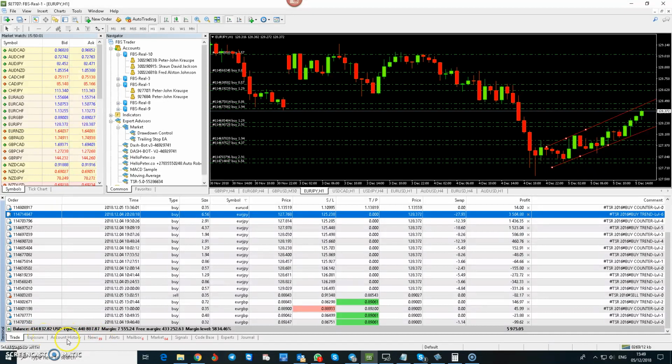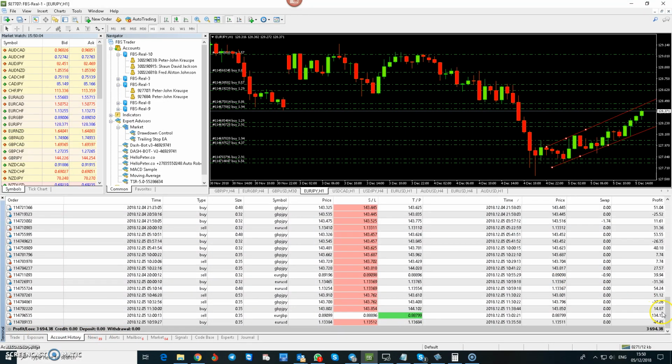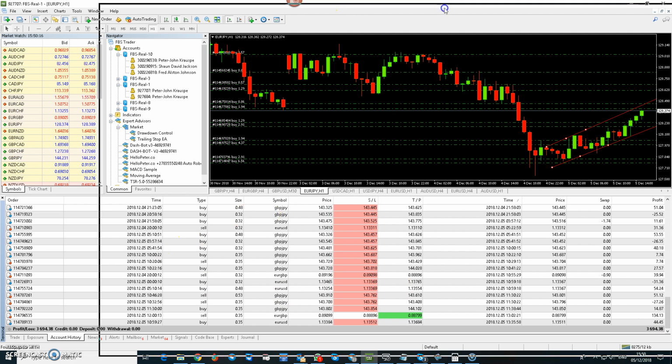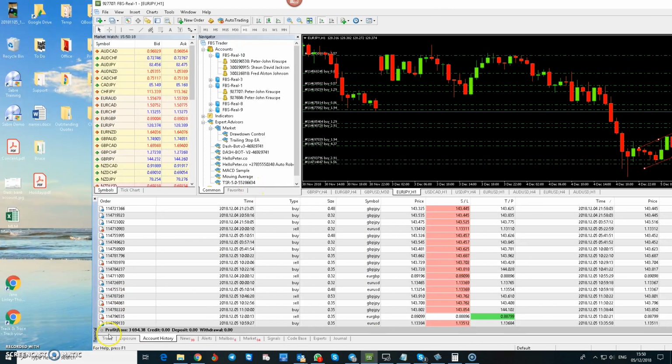You're looking at, for 2 days, today and yesterday, $36.94. That's with the robot doing it on its own. But already what we're looking at is profit for today.